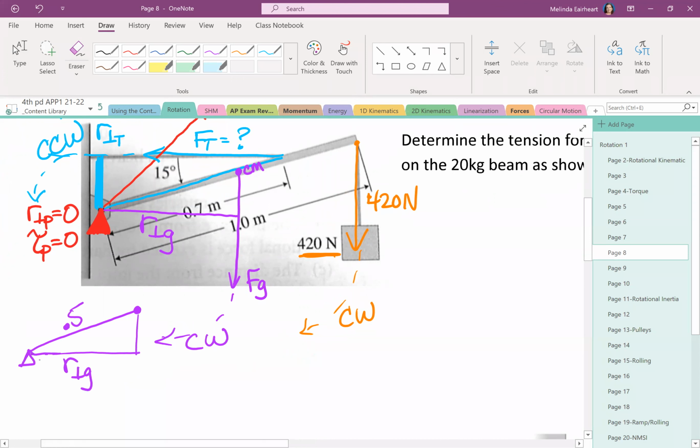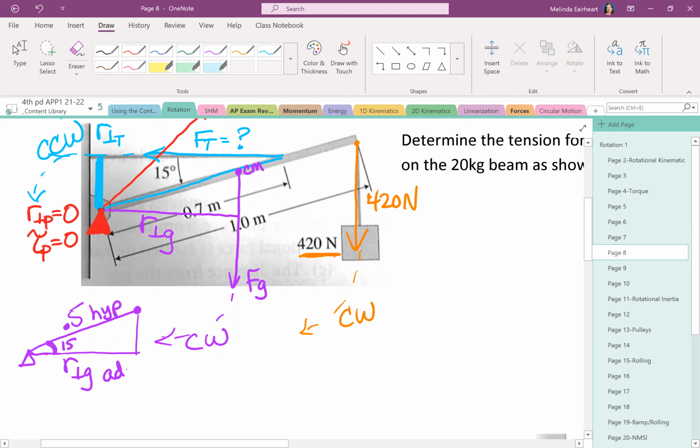Well, if you think about parallel to tension, think geometry, another alternate interior. This angle down there is 15 degrees. What function are we going to use to get the lever arm for gravity? This is your hypotenuse, not sine.